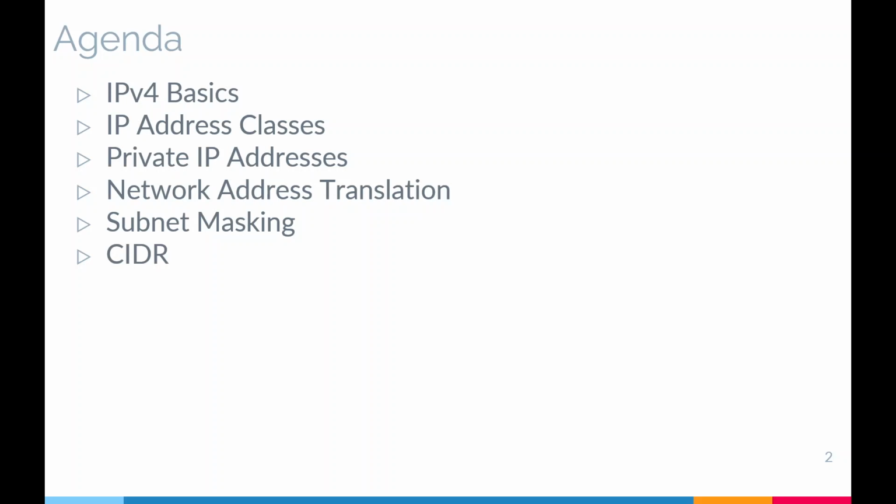Followed by that, we will understand what private IP addresses are and why these addresses need to be translated into public IP, and that is done by network address translation. Finally, we try to understand subnet masking, which is the foundation for classless interdomain routing, also known as CIDR.